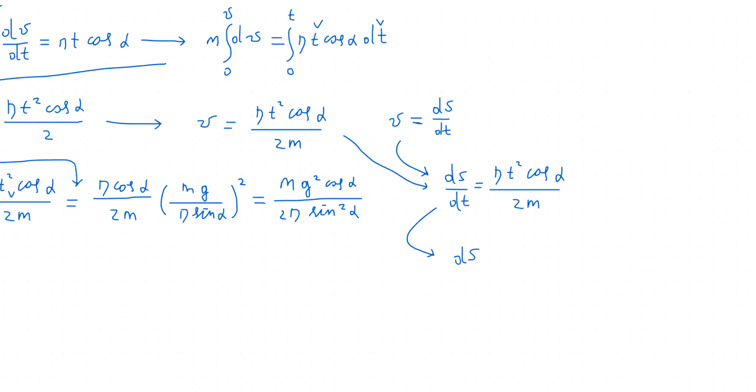In the left side will be ds, and in the right side will be this fraction multiplied by dt.